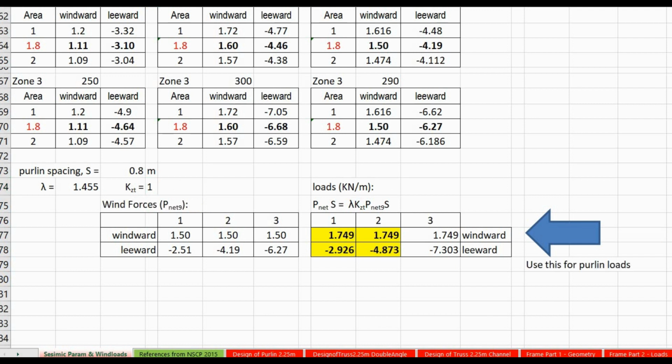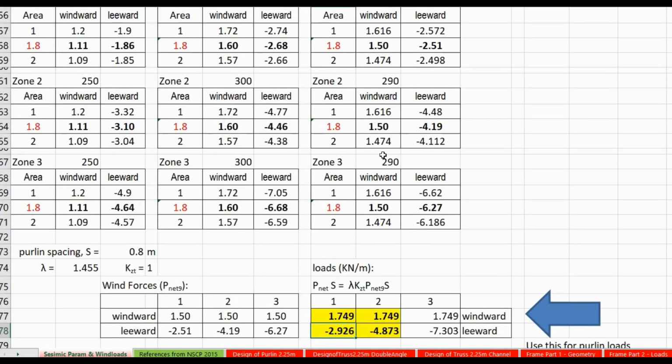After computing all the wind forces, we now tabulate them here. So for zone 1, we have 1.5 and negative 2.51. Ito siya. Dito natin ilalagay. And then for zone 2, we have 1.5 and negative 4.19.